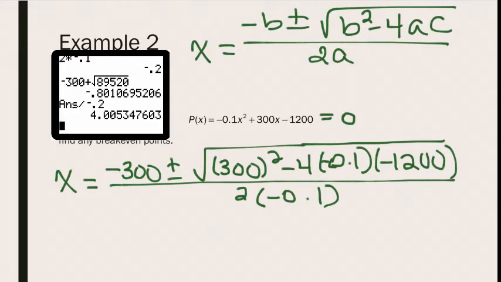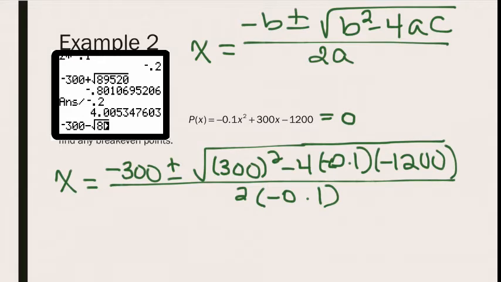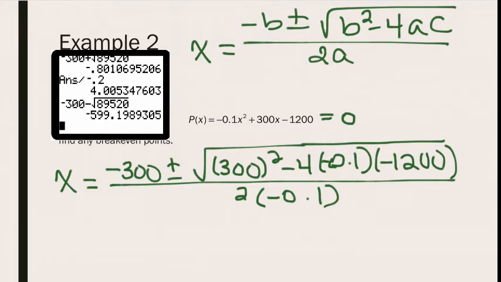Now we're going to do the same thing for the second solution. I have negative 300 minus the square root of 89,520, and I'm going to divide that by negative 0.2.